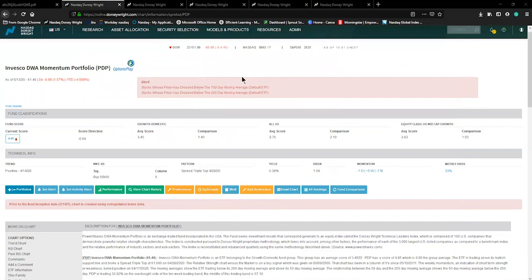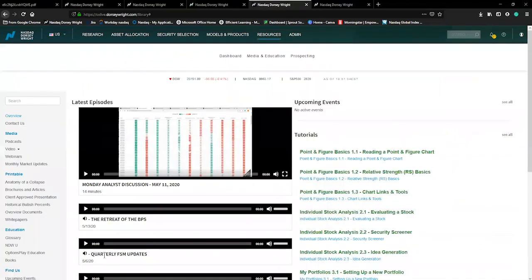Absolutely. So as we come to a close here, guys, I think it's worth pointing out some areas where we cover different fund score related topics, right? This has been a pretty comprehensive walkthrough looking at the score and looking at asset class group scores. But if for whatever reason you're looking to get more in the weeds on this topic or other topics, the resources, media and education section of the website is a great place for you.